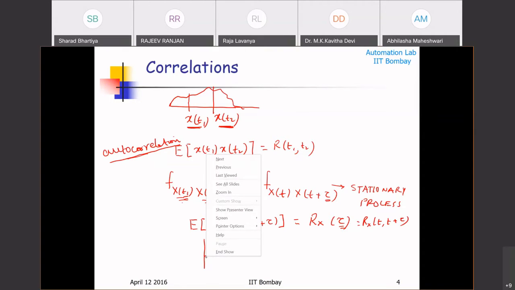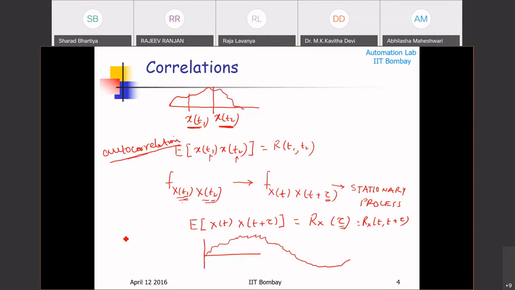Let's say I have a process whose one realization is like this, and I have another process whose realization looks like this.